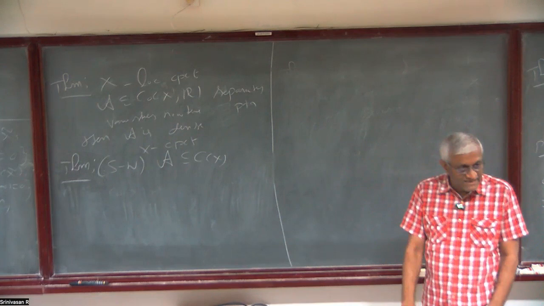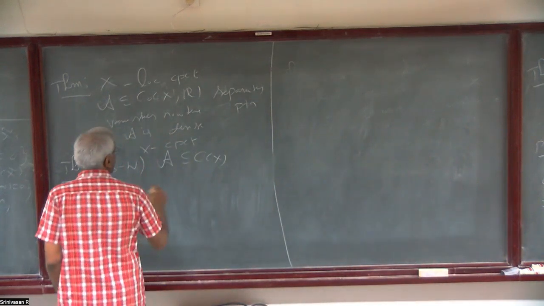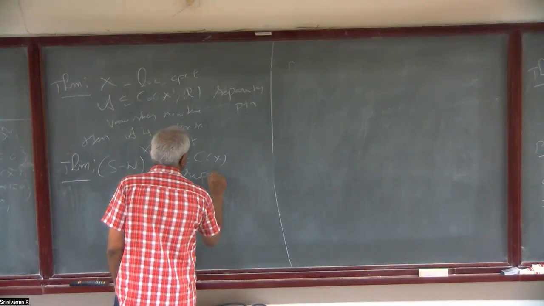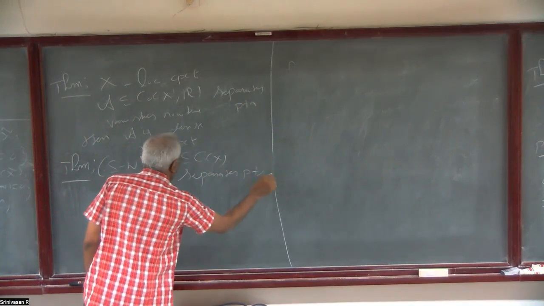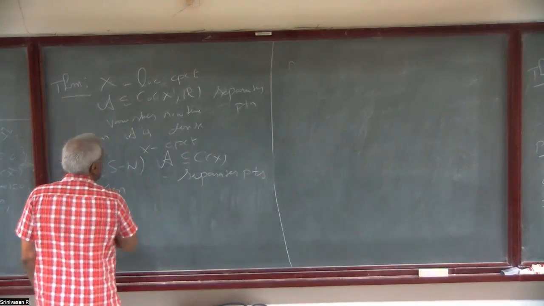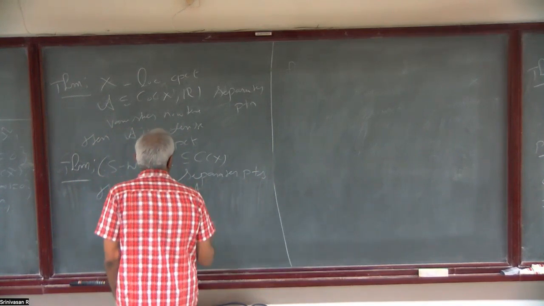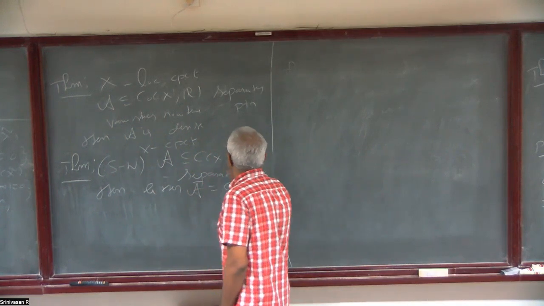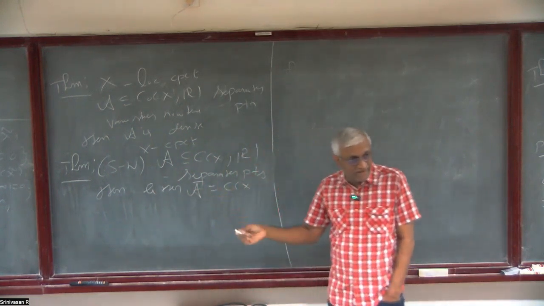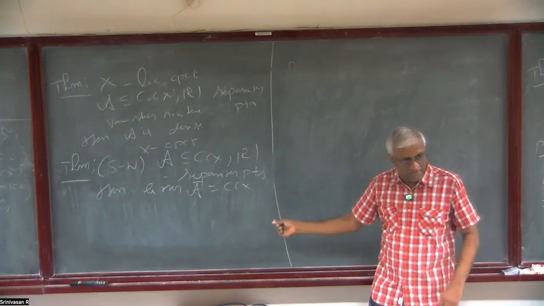So A is in C(X), X is compact, and A separates points. Then either the closure of A equals C(X), I mean, I'm saying C(X, R). For complex valued functions, you have to take f bar, and the same thing will work.